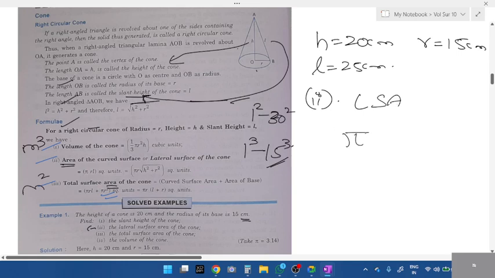Pi r L. You don't have to write h square plus r square because we already have L here. If L is not given, then what do you write? Very good, h square plus r square. But we already found L value. Substitute here, find the answer, students.